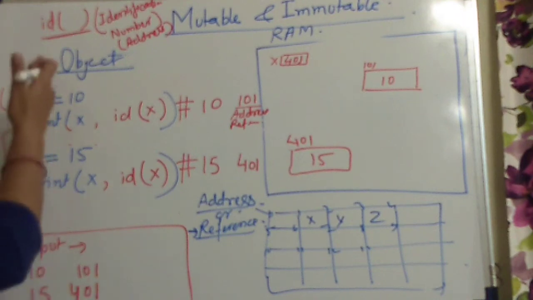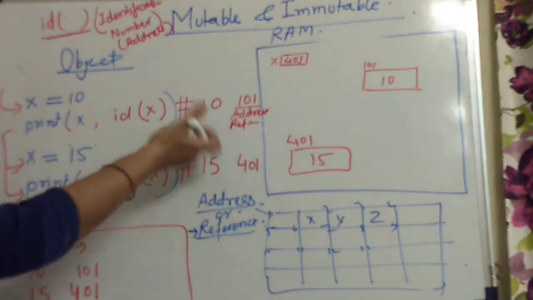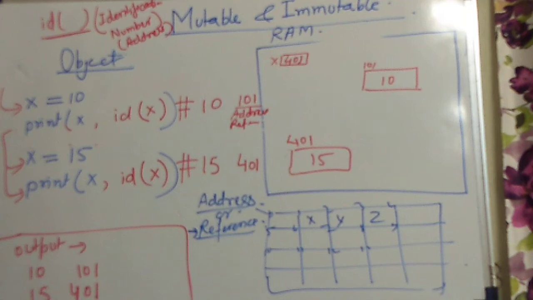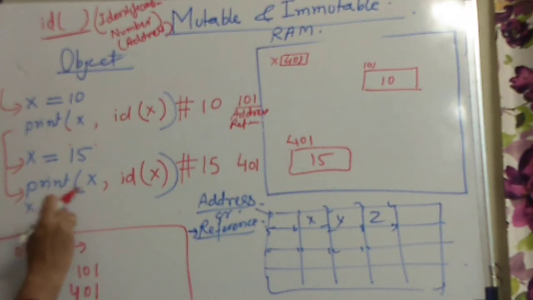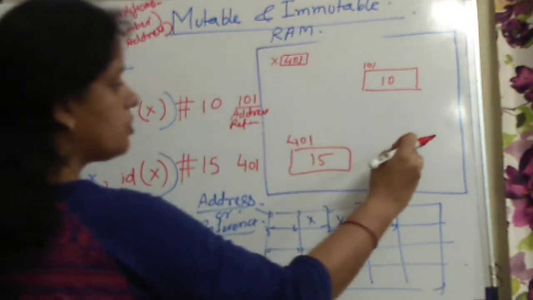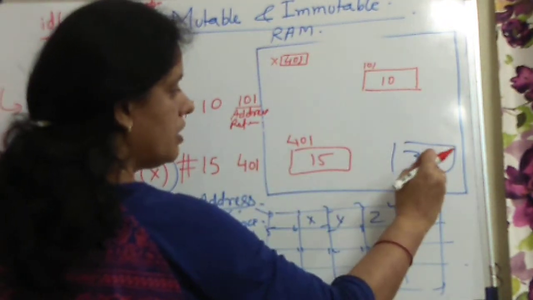Clear? So when you write this program and get this output, you will be very sure that yes, this is happening in memory. Clear? So you will be very sure that as many times as we assign a new value to x, say x equals 30, 30 will be stored somewhere else in memory, right?